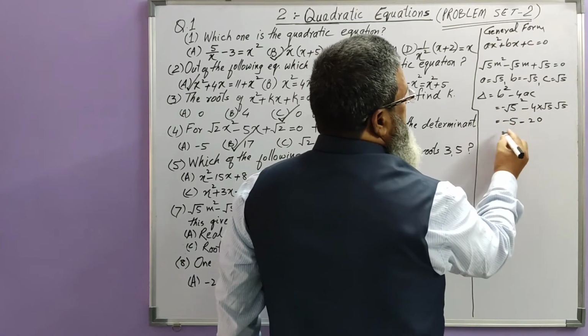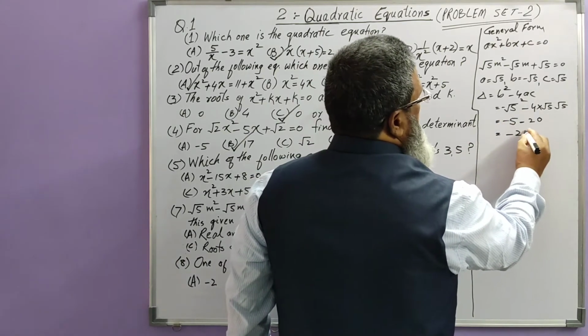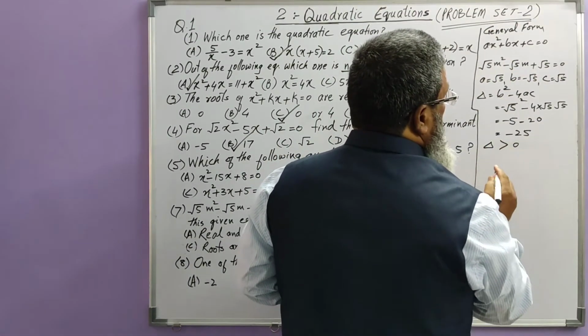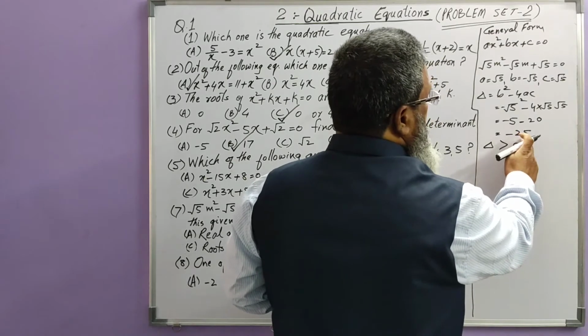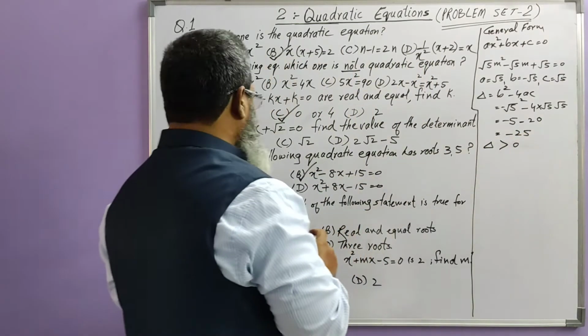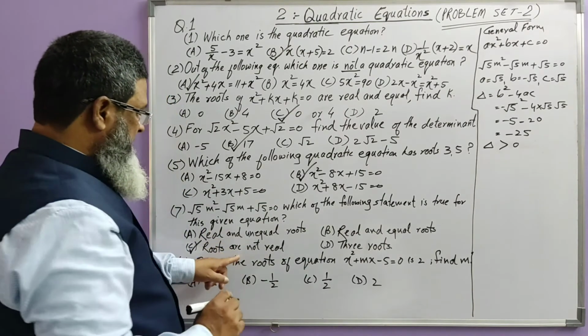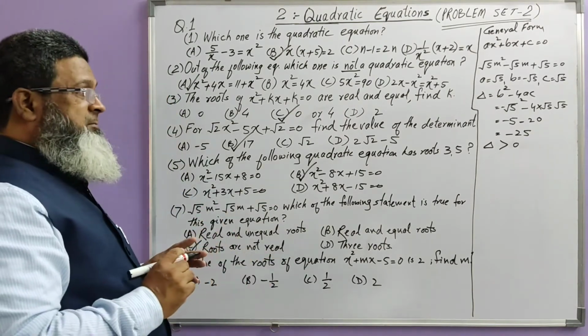So minus 5 minus 20 is minus 25. Delta is minus 25, so it is not greater than 0, then the C option, roots are not real.